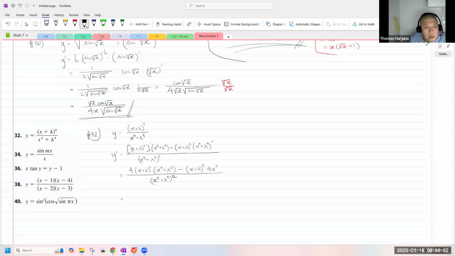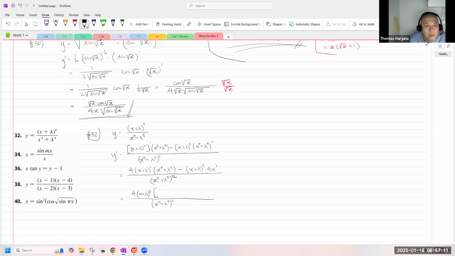Let's do that first. So on the top, at the bottom, I copy paste. On the top, I have 4 times (x plus lambda) cubed as the common factor, right? I factored it out.